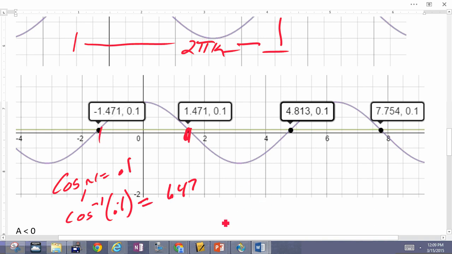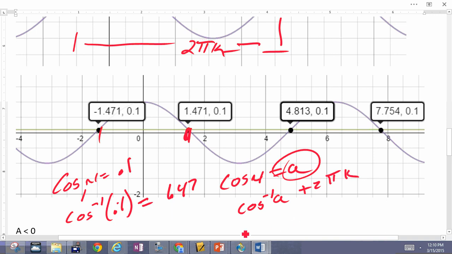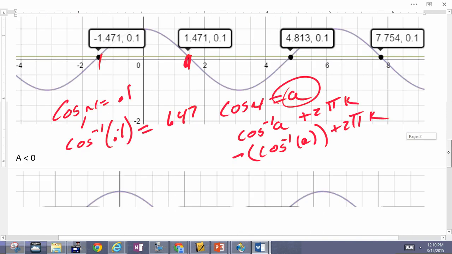So the solutions to the cosine of x equaling a, where a can be either positive or negative, are the cosine inverse of a plus 2 pi k, and the opposite of whatever the cosine inverse of a gives you, plus 2 pi k down the line.